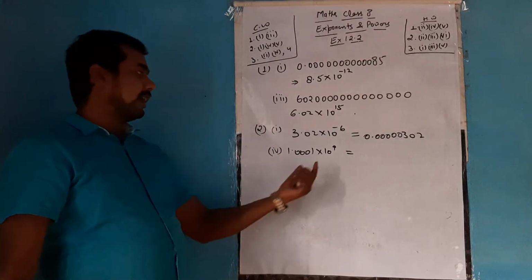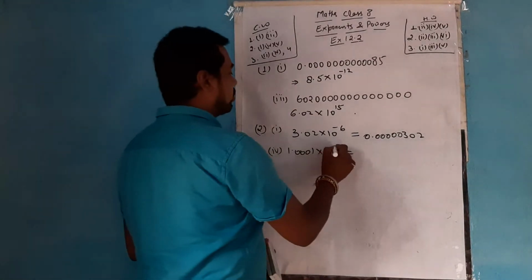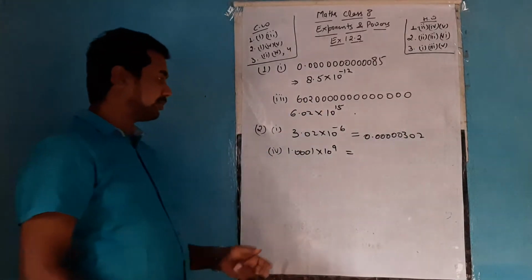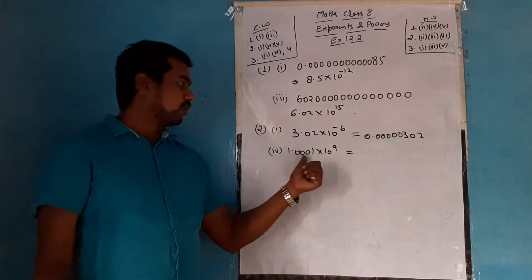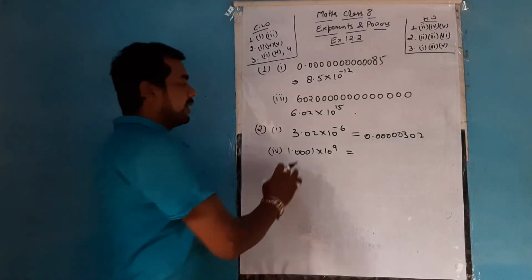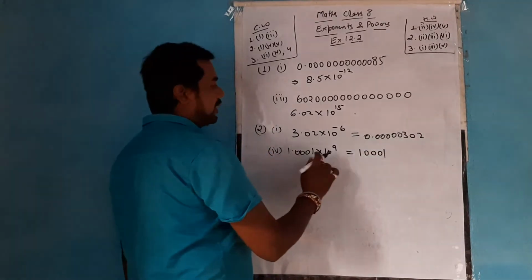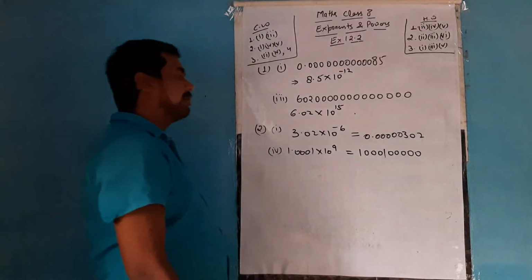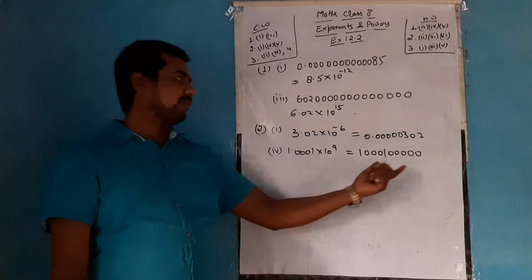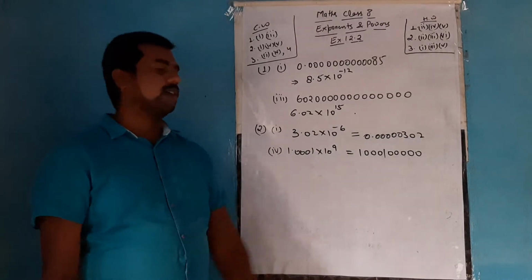Now, as it is a positive exponent, it means the decimal should go towards the right. So when you shift the decimal towards the right, 4 places are already covered by the 4 digits here, that is 1001. Then we need to write 5 zeros, so that becomes 10001 and then 5 zeros. So the answer in usual form will be this way.